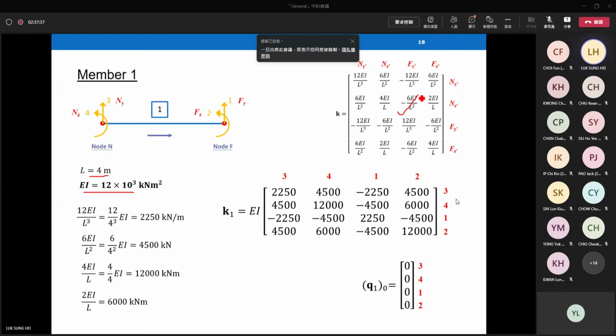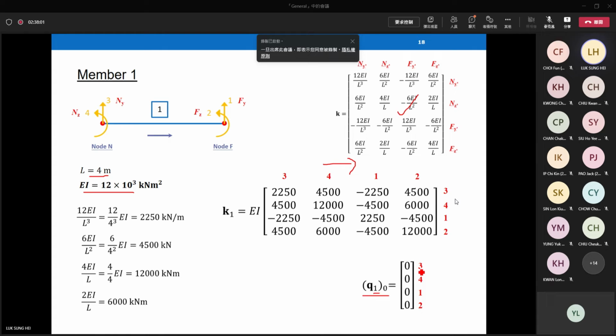Simple substitutions, and then arrange the code number 3412 as usual. There is no intermediate loading, so Q0 for element 1 is a zero vector. Actually, you can ignore Q0 here, but I just make things clear by putting a zero vector.